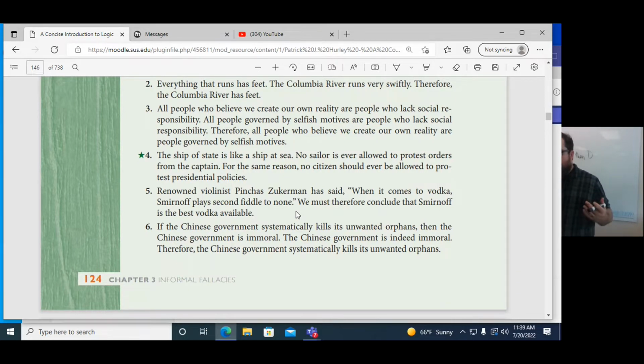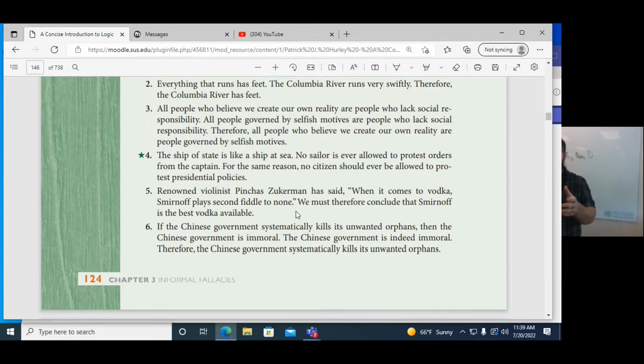So clearly, we don't really have any evidence for the conclusion, and we just have the testimony of one person, right? And that person is a violinist. That person is not a connoisseur of hard liquor or anything. So anyway, celebrity endorsements are a form of fallacy if that's all that's being presented to you as to why you should buy or use that product, right?